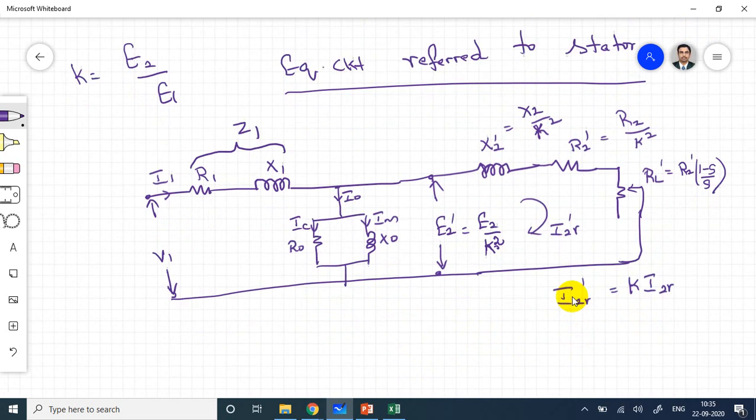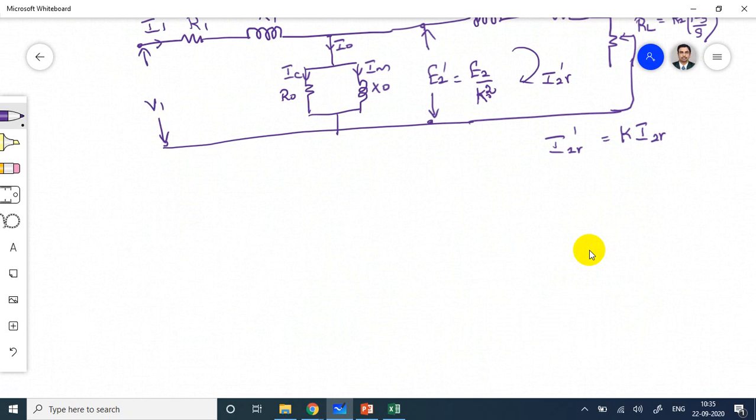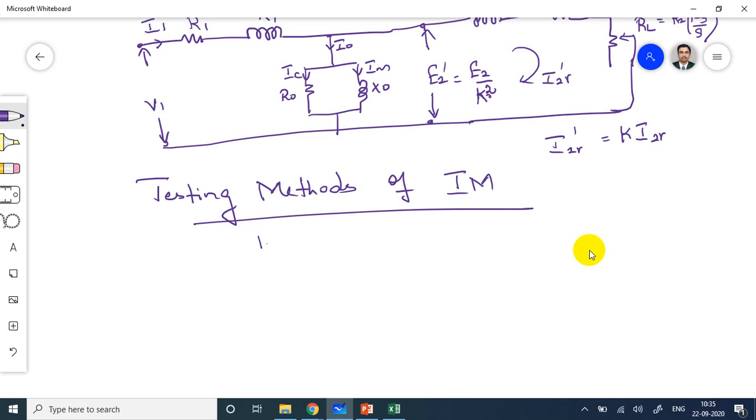Now can I continue to take the load test and the blocked rotor test? Testing methods of induction motor. There are two testing methods.